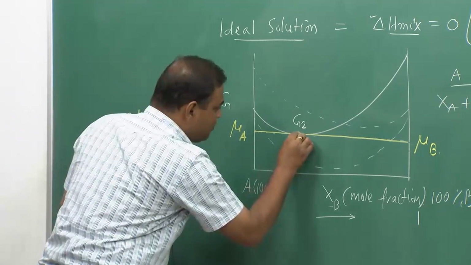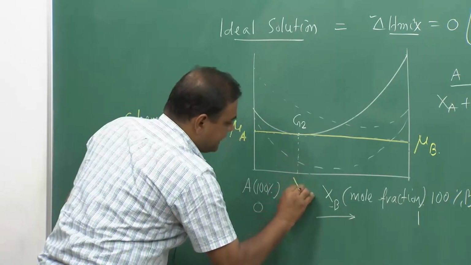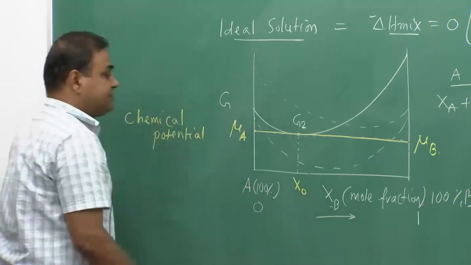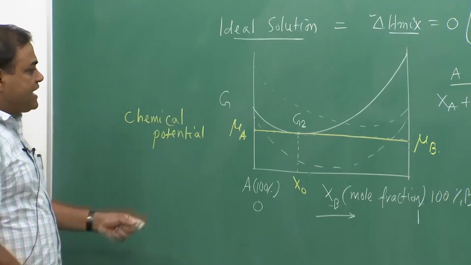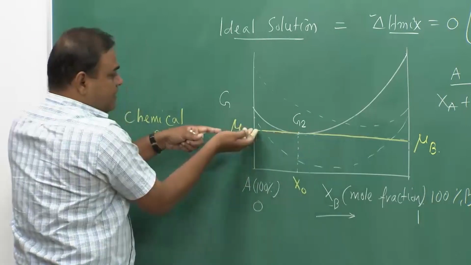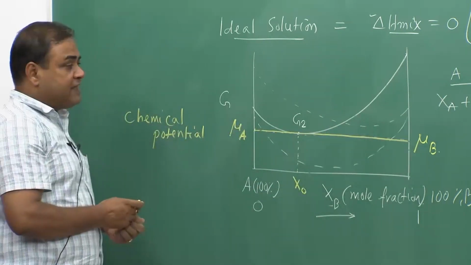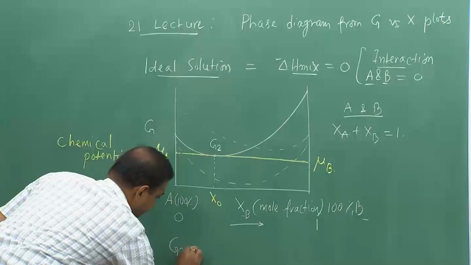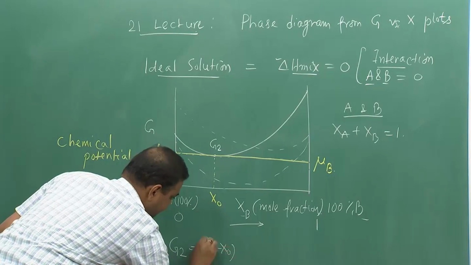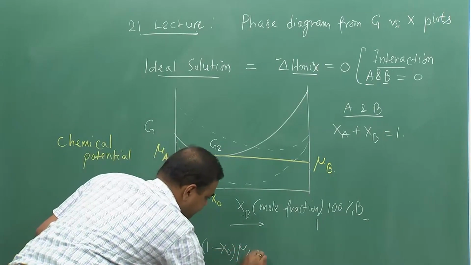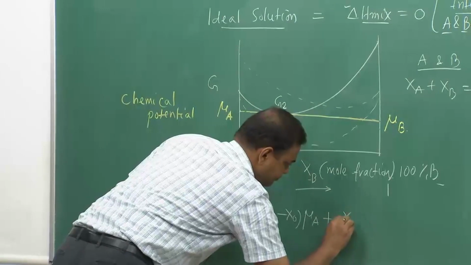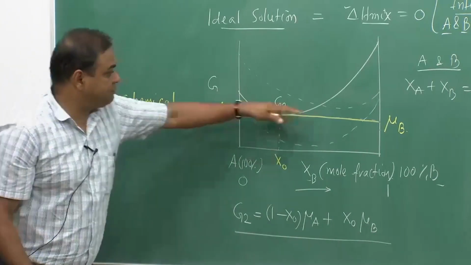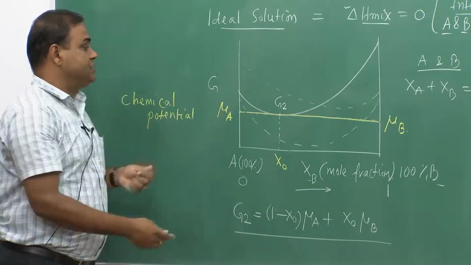And if this composition corresponds to X0, meaning the composition of Xb equal to X0, then we can take an equation for this straight line, and that is the equation of this particular line. This is a straight line because it is a tangent over this graph.